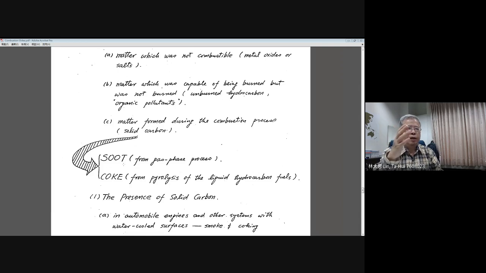This temperature difference gives a possibility that when you have an irregular injection of liquid fuel, the liquid fuel will attach to the combustion chamber surface, and since the temperature on the surface is pretty high, the liquid fuel will start thermal pyrolysis in a very short time.